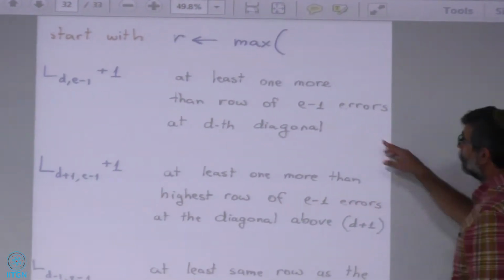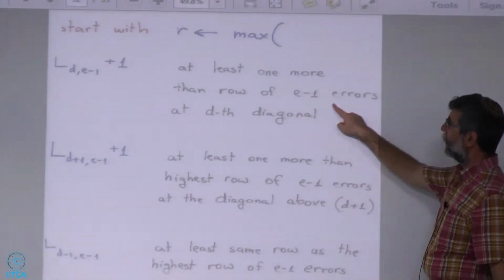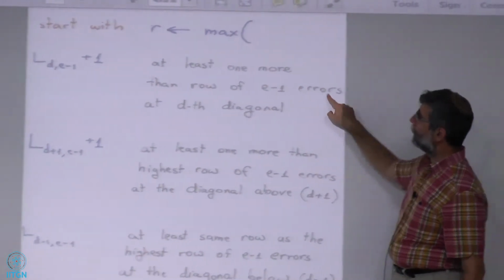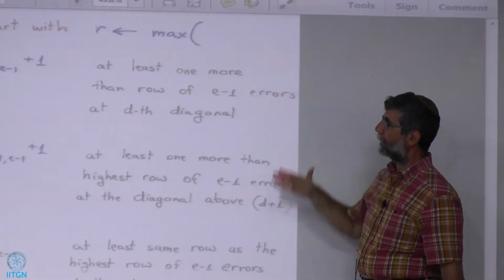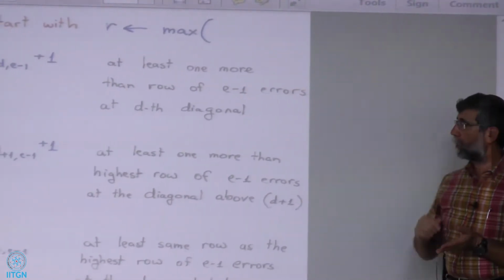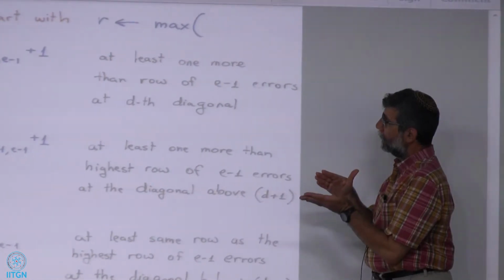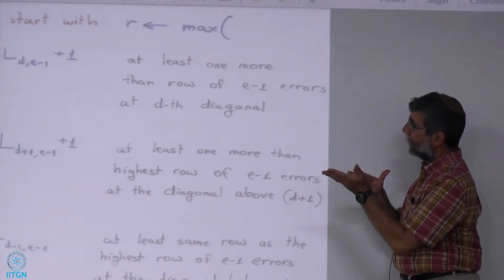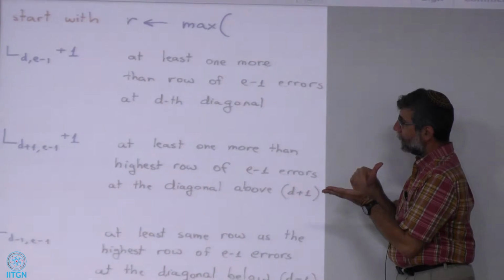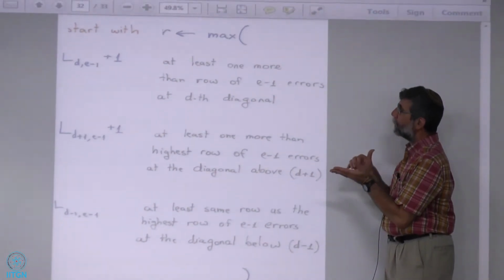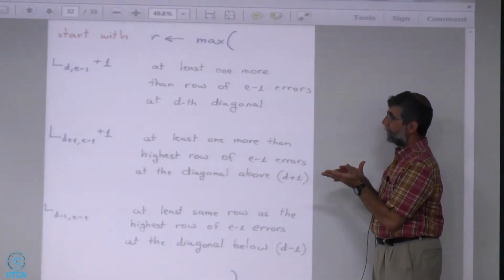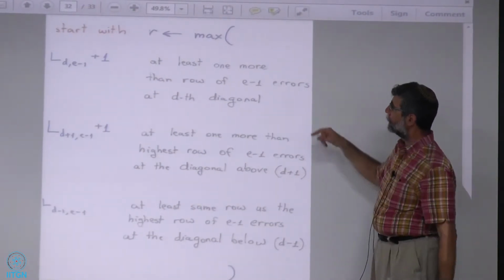So the maximum is going to be at least one more than the row of E minus 1 errors in the Dth diagonal, because we're now in the D plus 1 diagonal, right? So go to the diagonal D and see where you have E minus 1 errors in that diagonal. That's going to give you E errors in diagonal D plus 1.